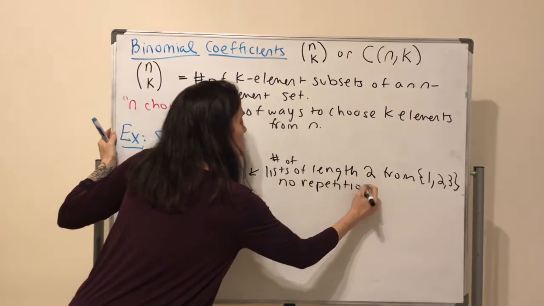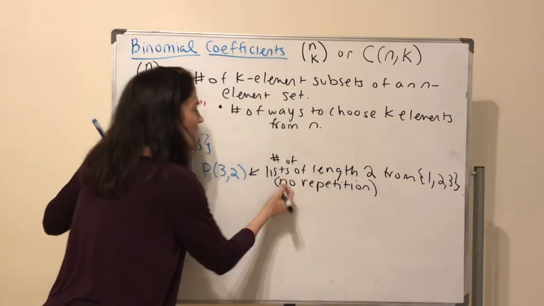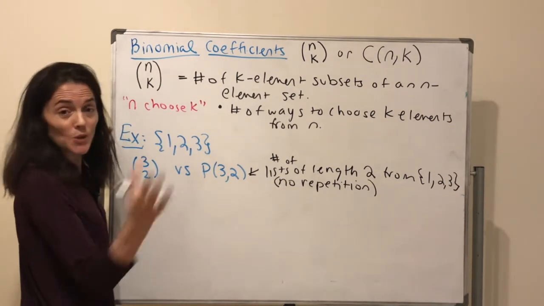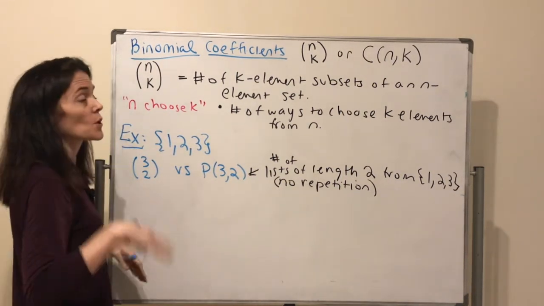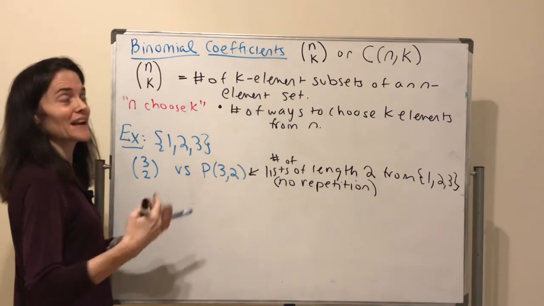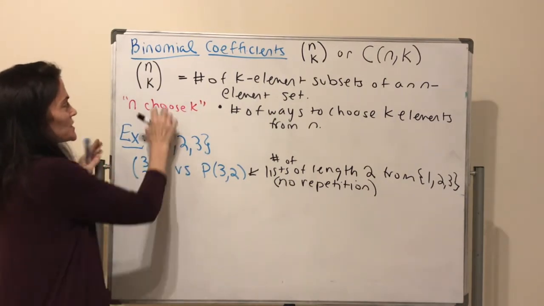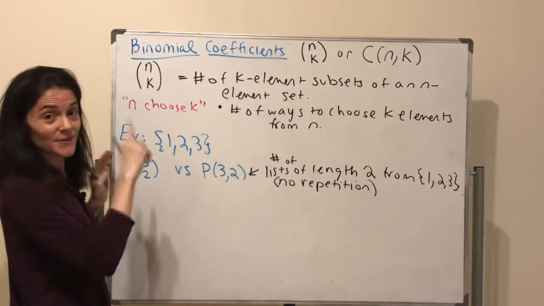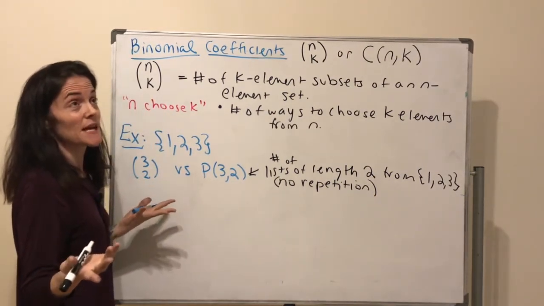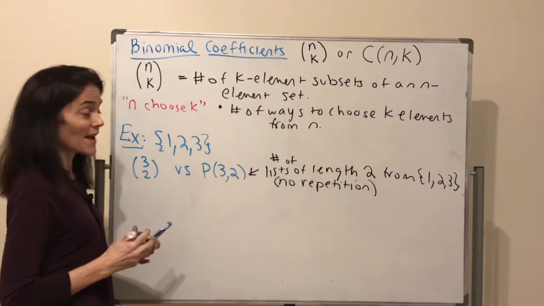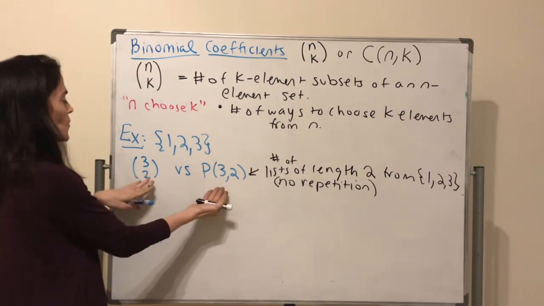I also referred to this last time as, with the 2 here, a 2-permutation. It's orderings. But in a list, order matters. If you switch the order, it's a new list. And a subset, which is what n choose k counts, if you switch the order of elements between the brackets, it does not change the subset at all. So these two won't be the same number.